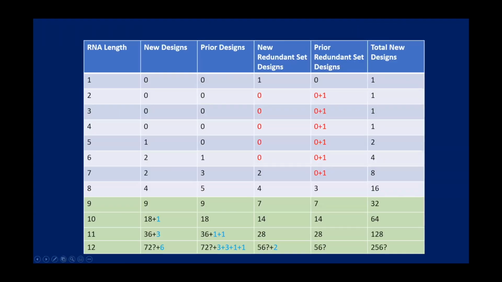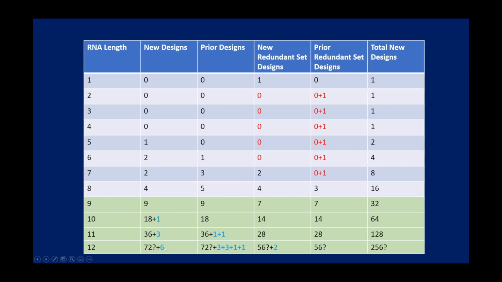And so I plotted everything out on a table, and while not showing any pattern initially, by the time you get to 9 bases, we start doubling the amount of new designs that we get, both for our strictly new designs and the ones that I've tossed into this redundant category due to the lengthening of dangling ends.